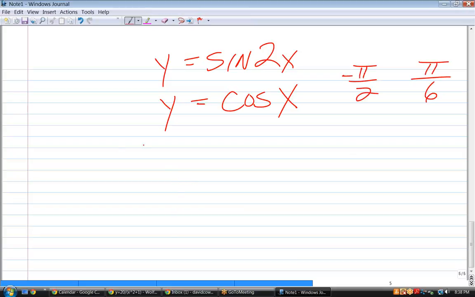Okay. We kind of need to graph these, because otherwise we won't know what the above function is and what the below function is.